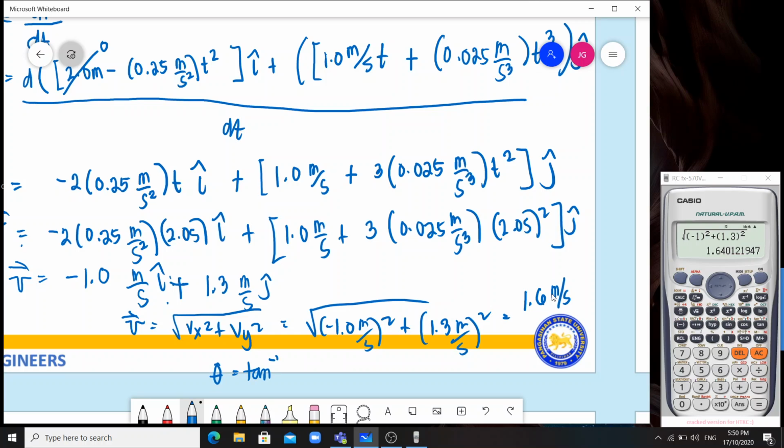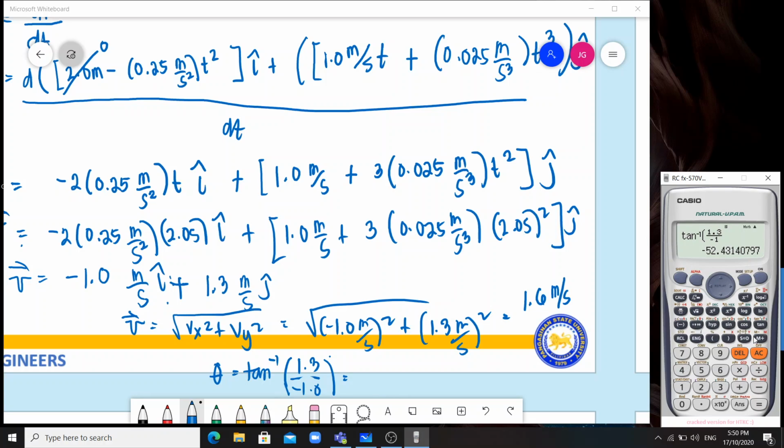But we have to compute for the direction. Okay. So Vy is 1.3, and Vx, sorry, is negative 1. So the direction here is 1.3 over negative 1.